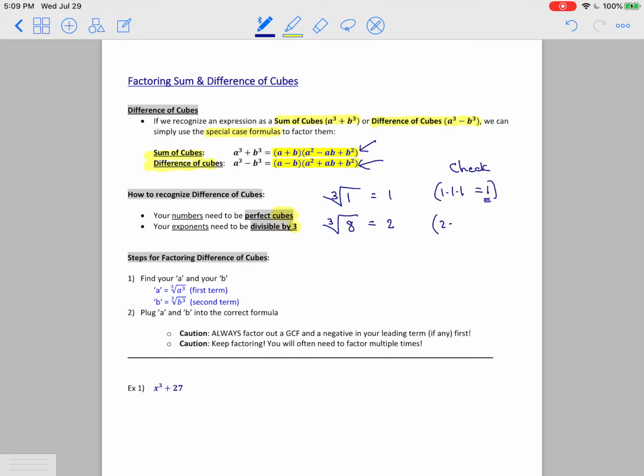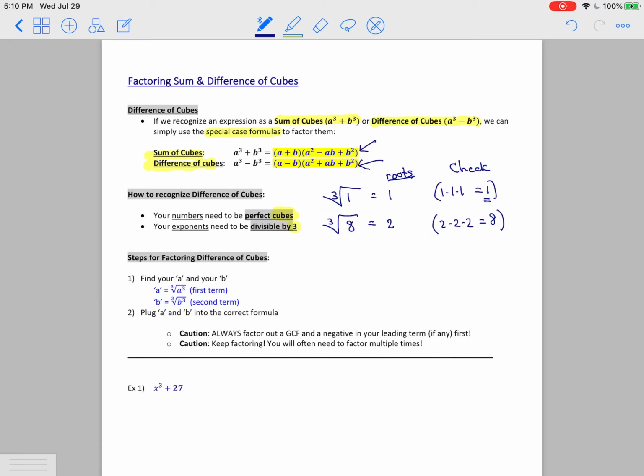What that really means is, what integer, when I multiply it by itself 3 times, comes back to that original number. We know that these roots have to be integers. They cannot be decimals of any sort.